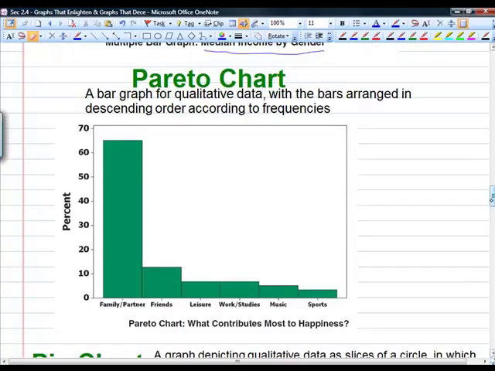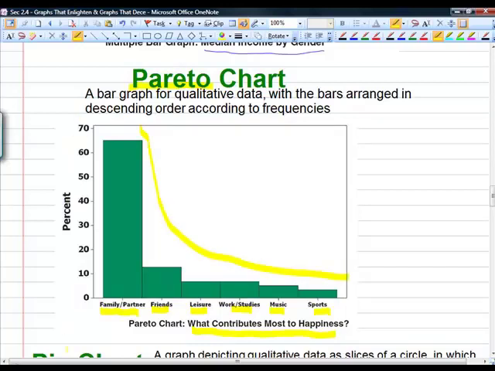A Pareto chart is a bar graph where the bars are arranged in descending order. On a Pareto chart, you still have categorical data. Our categories down here: what contributes most to happiness? These are categories: family or life partner, friends, leisure, work, study, music, sports. These are the things that cause happiness according to percent.